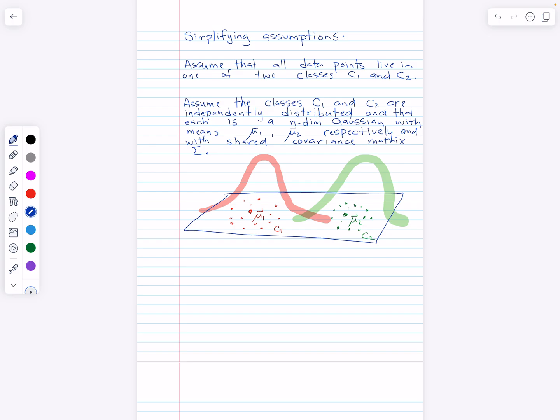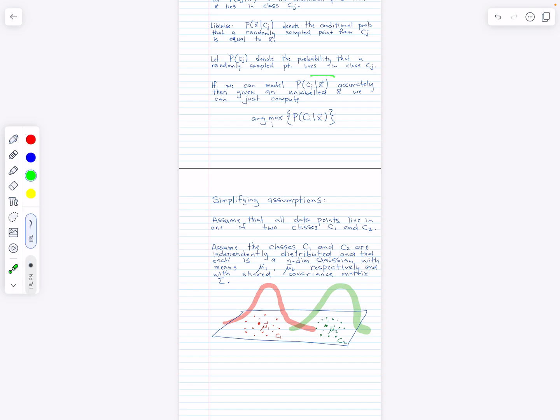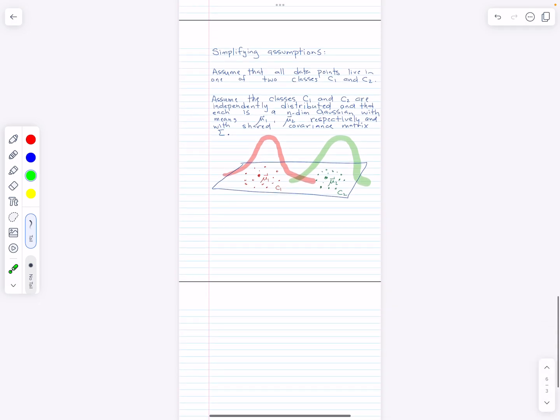And finally, like we normally do when we want to model a probability, we have to replace the actual probability value, because this probability is going to be 0 for any given data point x, assuming it comes from a Gaussian. So we replace it with the density function, the Gaussian density function.